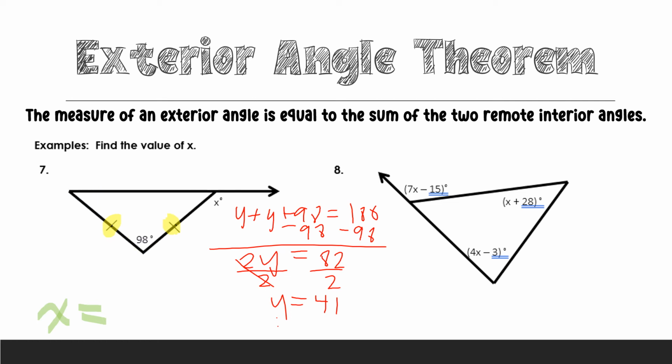So let me write that in there, 41, 41. So now when I use that exterior angle theorem, x is my exterior angle. It should be the sum of the two remote interior angles, so the angles that do not touch x, so that's 98 and 41. So 98 plus 41, that means x is going to equal 139.